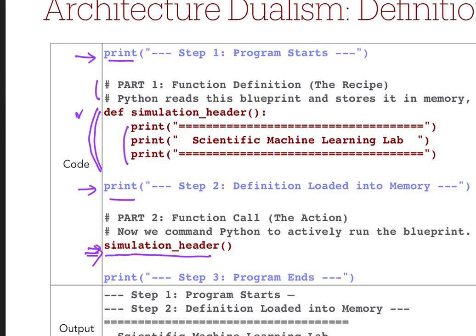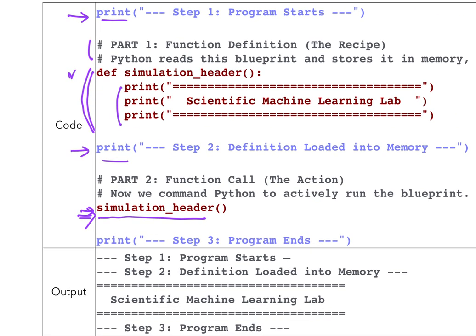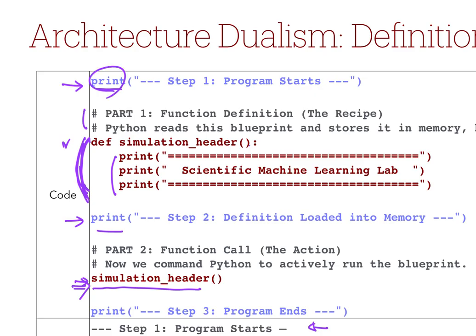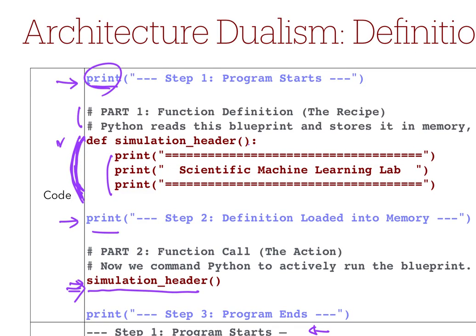So that's why you see the result of the first print command, and right after that you do not see the output of the function, even though in the code the definition of the function is given there, following the first print line. Those statements inside the definition are not executed yet.